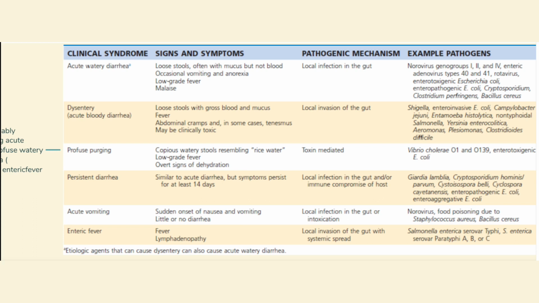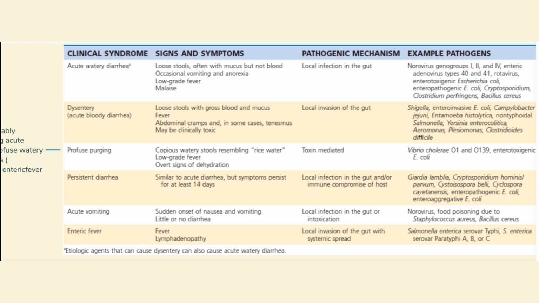These are Shigella, enteroinvasive E. coli, Campylobacter, Entamoeba histolytica, non-typhoidal Salmonella, and Yersinia enterocolitica. And sometimes Clostridioides difficile, but Clostridioides difficile is more of an antibiotic-associated dysentery syndrome.